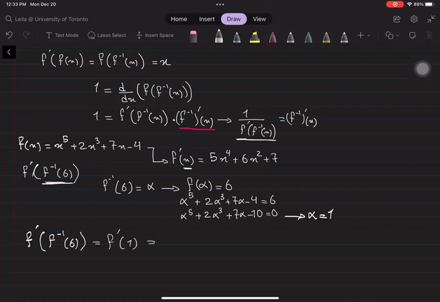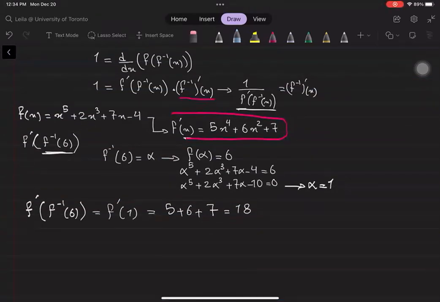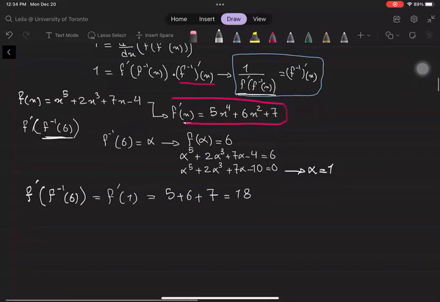And then now we just substitute 1 into the f prime we found here, which is going to give us 5. Now remember, this is the final thing we wanted. So we have f inverse prime of x is equal to 1 over.